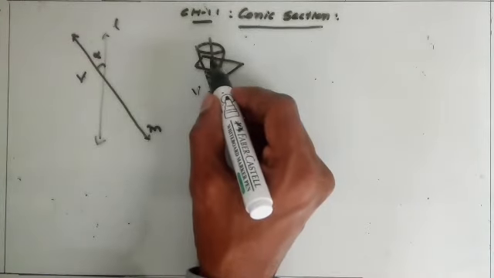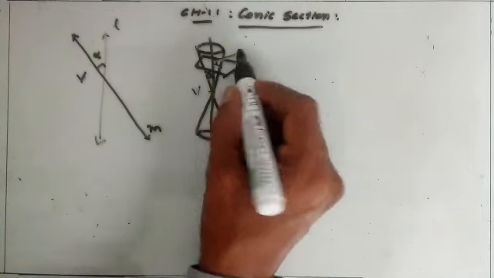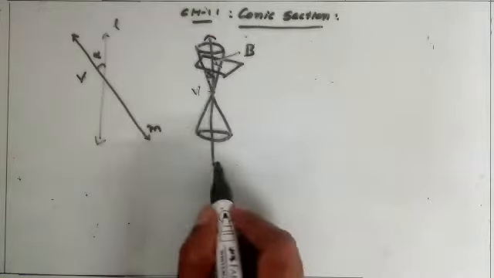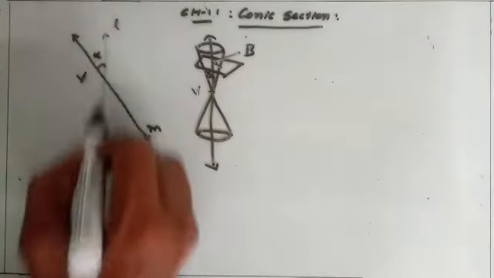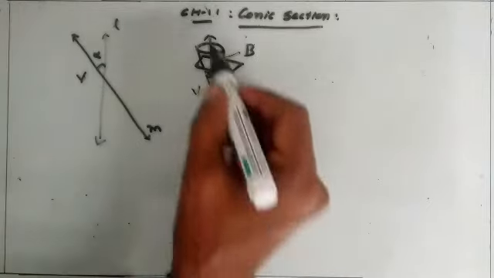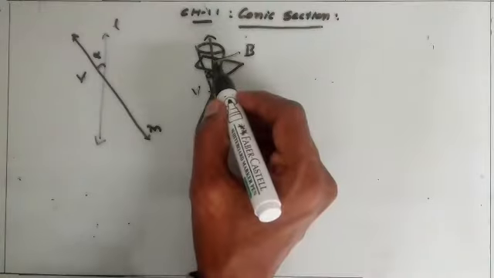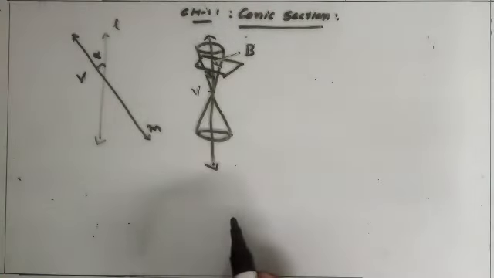The plane makes an angle beta with the axis of this right circular cone. Here this fixed line L is called the axis of the right circular cone. Here the plane makes an angle beta with the axis of the right circular cone.